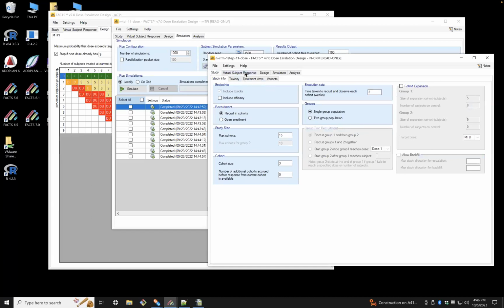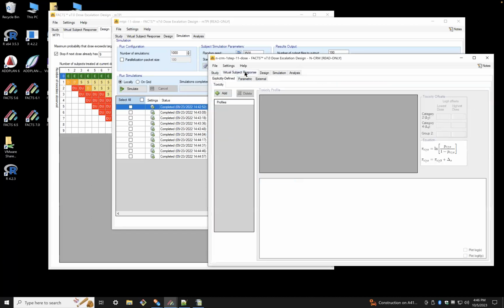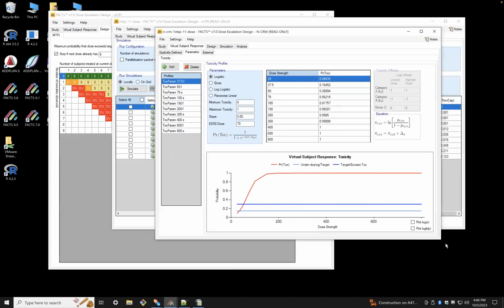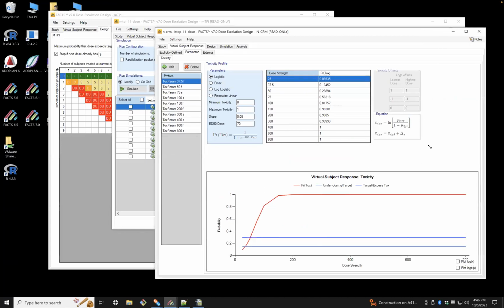And I'll cover the N-CRM parameters in a minute, but just look for a moment at where the scenarios came from. I've used these model generated scenarios where I've picked one of the 3 models, the logistic, the Emax, or the log logistic.